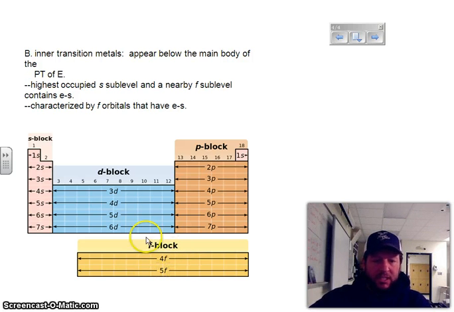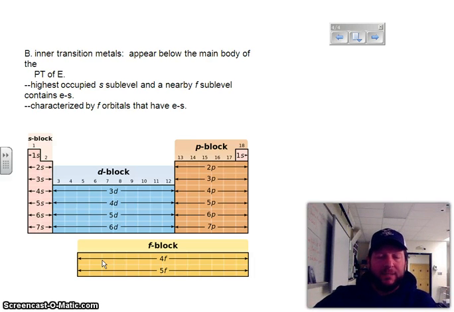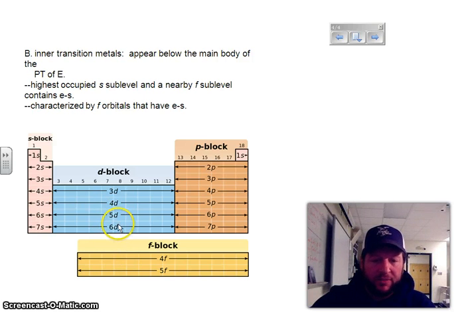Their highest occupied S sublevel and a nearby F sublevel contain electrons. When we talk more about how things bond, we'll get into this more specifically. But as you can see here, just like on your note guide, you have the S's, the P's, the D's, and the F's.